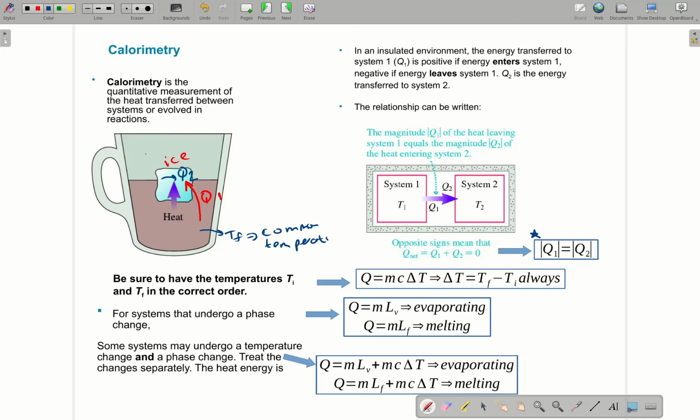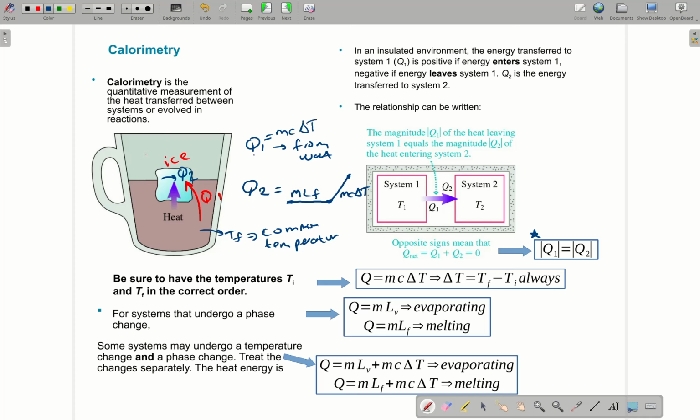Depending on the situation, if there's ice melting and so on, we'll have to take that into account as well. So if the ice is melting here, Q1 will go from water. Ice will take in Q2, but that will be taken in part to melt, and then reach a final temperature. You will calculate that as M L_F, then M C delta T, and this will be simply M C delta T, right?